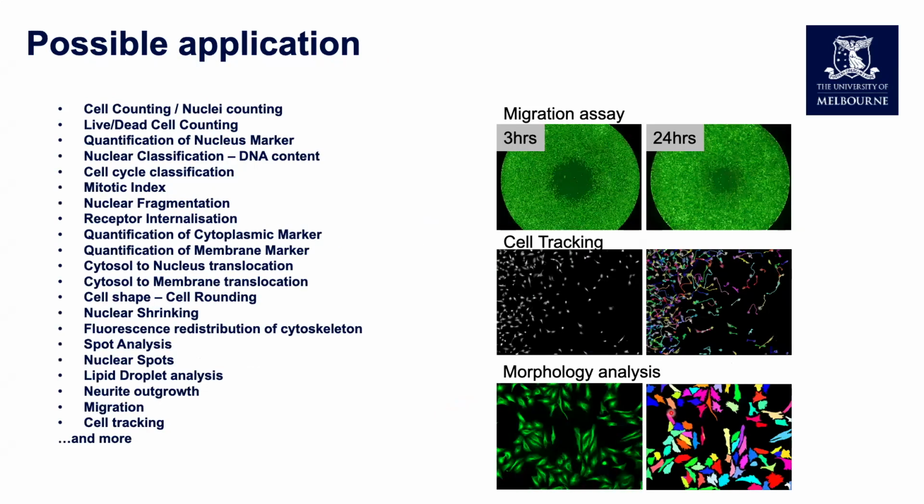Having said that, the possible applications are pretty endless. This is a few that we've done. So looking at migration assays, this is, I guess, a variation of the scratch assay that some people may have done, where there's a plug which you can remove and image over time and look for the movement of cells into the plug.